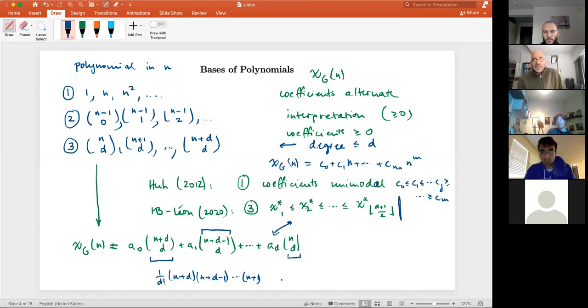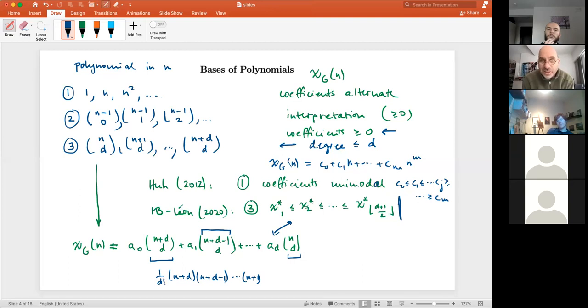In this basis, if you're interested in the 4-color theorem, you're interested in the coefficients A0 through A5. If you can prove that one of them is non-zero, that's enough, because the coefficients are non-negative, and you prove the 4-color theorem. So these different bases have advantages beyond classification problems. In some instances, they're super practical.